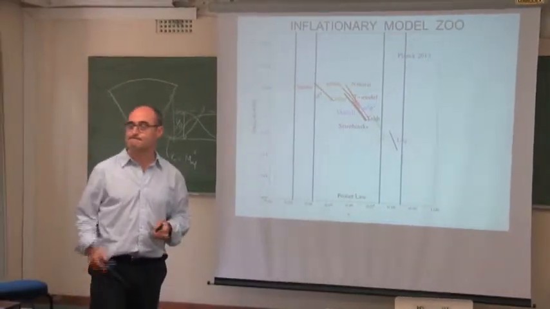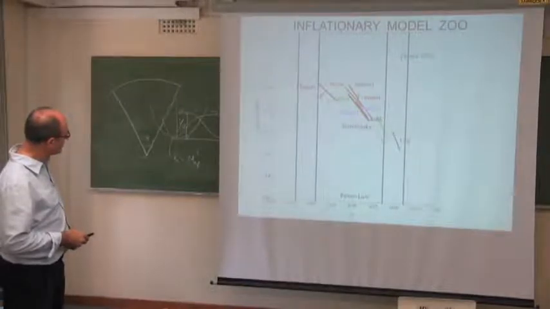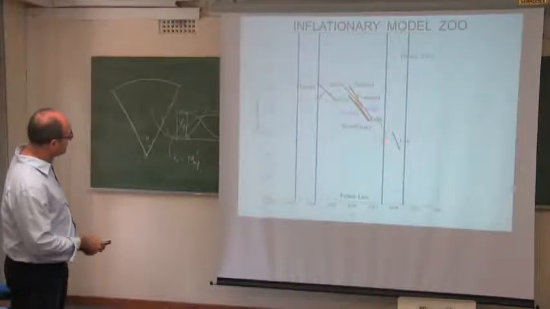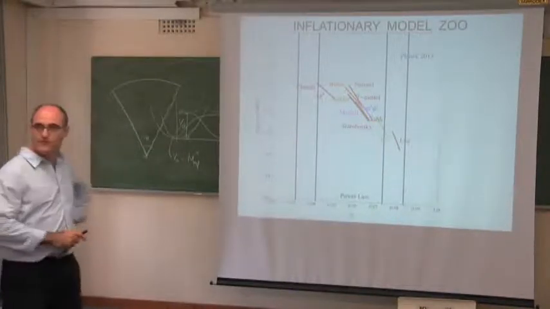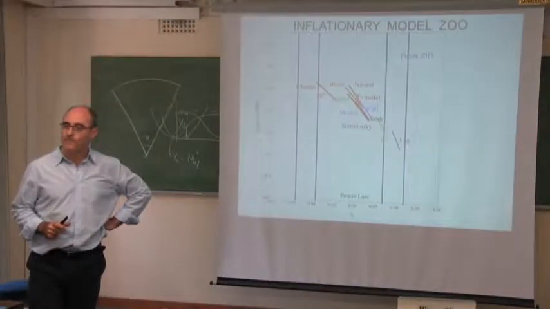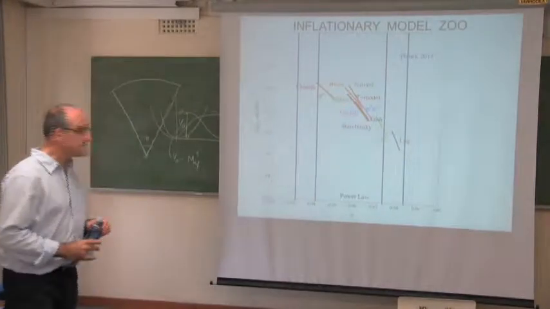Yes? How would the mean point in that diagram change if I require 80 to 100 e-folds instead of 50 to 60? You would go all the way out of the Planckian. But what's so special about these? I don't know.